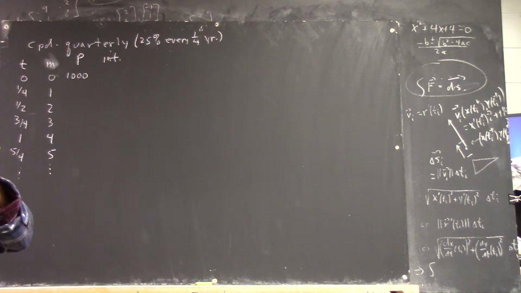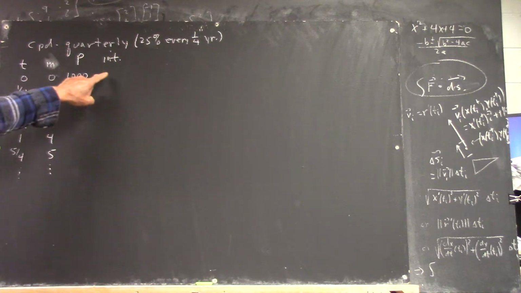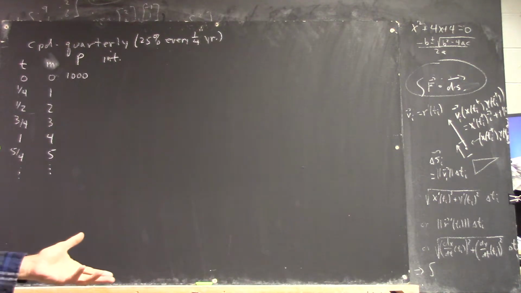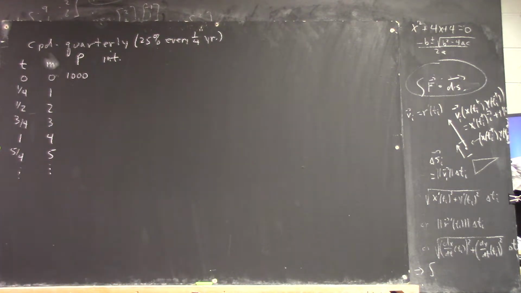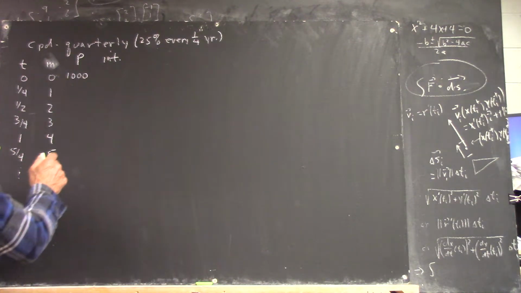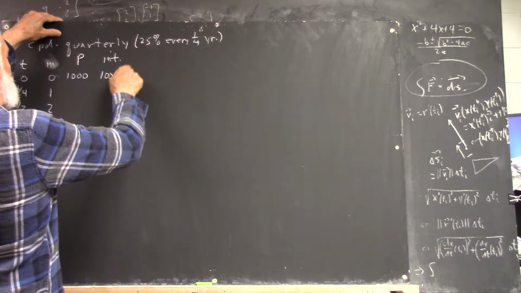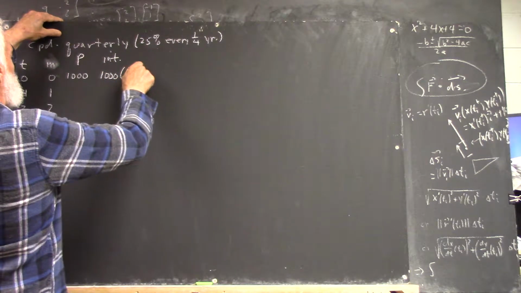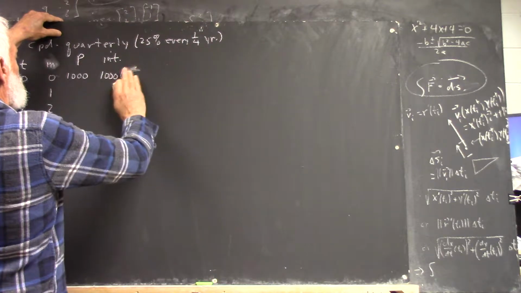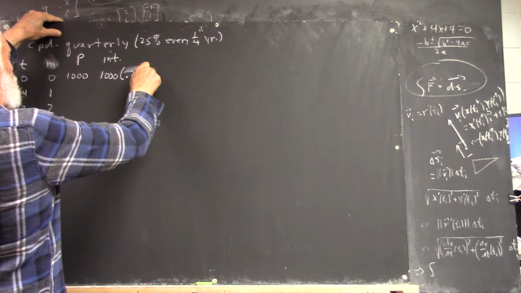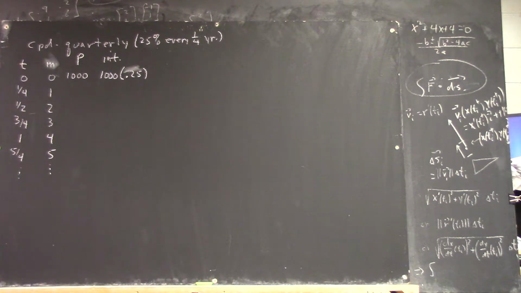So, $1,000, what's my interest? Well, you know, it's $250, 25% of 1,000, right? Except what I want to write this as is $1,000 times 0.25. Okay?